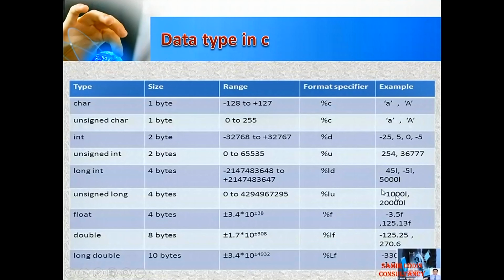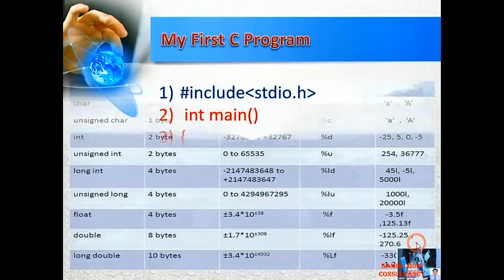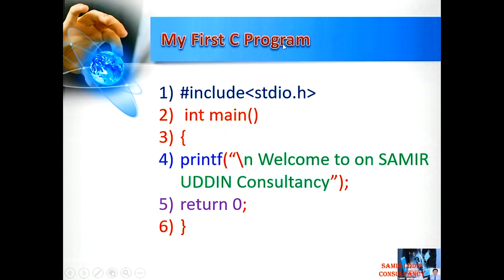Here you can see a basic C program. You can easily understand it. First one is #include <stdio.h>, which is a header file. It is a preprocessor command which tells the compiler to include the standard input and output libraries.